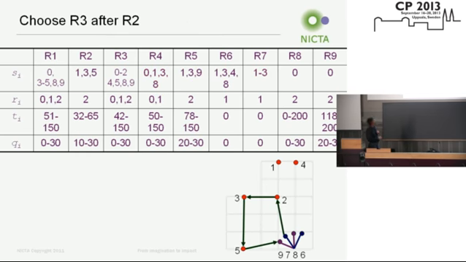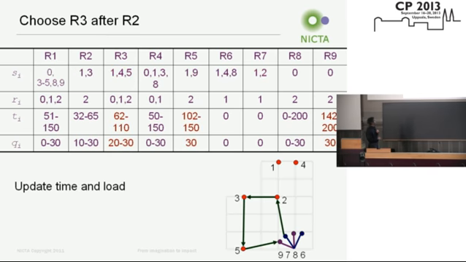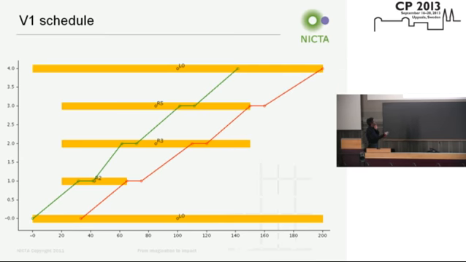I choose the next one. I update the successors. I update the time. Now you'll notice that I've updated the load and the latest time here. Why is that? It's because in order to get to R5, I need to leave to start R3 not at the end of R3, but at this time 110.